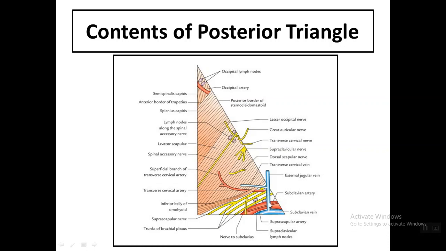Here we can see the subclavian artery and the subclavian vein, and the external jugular vein is draining into the subclavian vein. Also we can see here the transverse cervical vein, also one of the contents of the posterior triangle. So, as we see, the posterior triangle contains arteries, nerves, veins, and lymph nodes. Thank you.